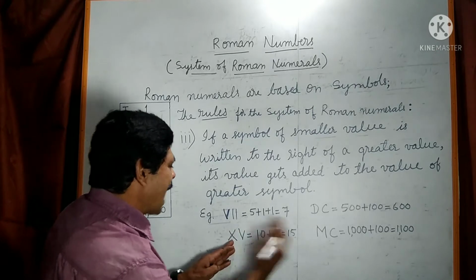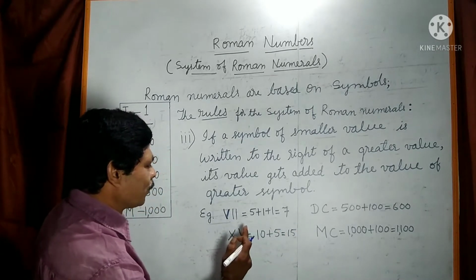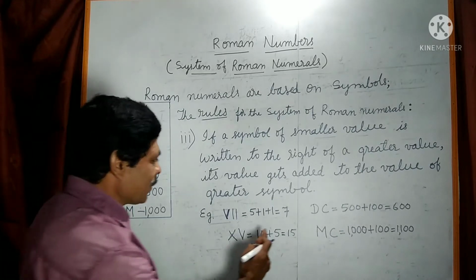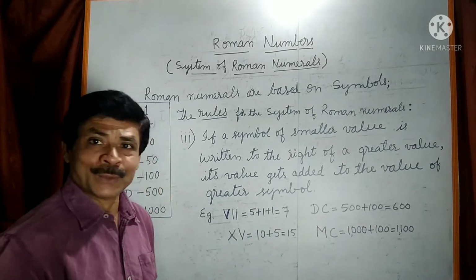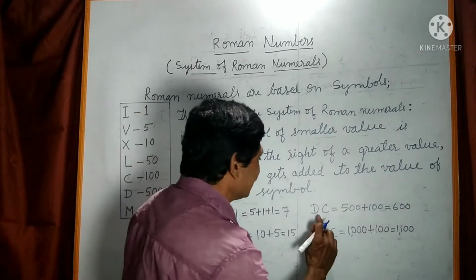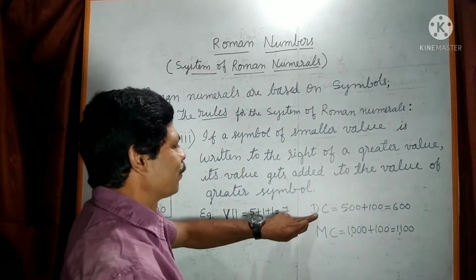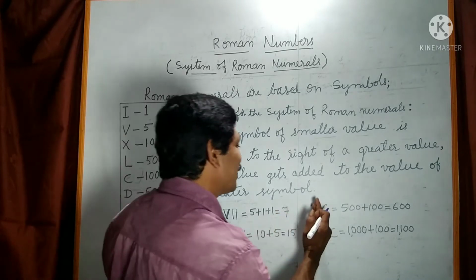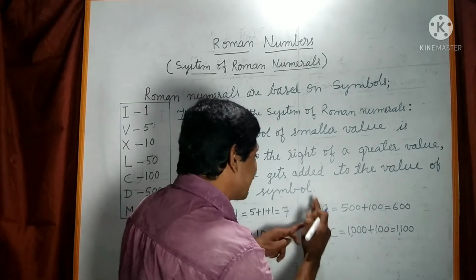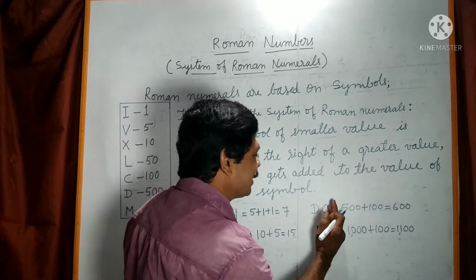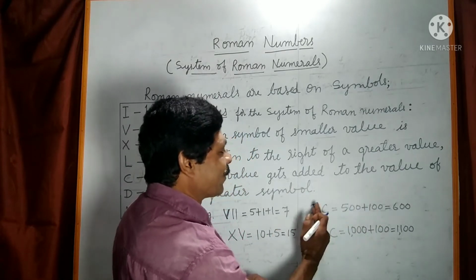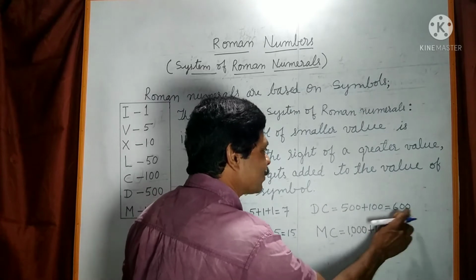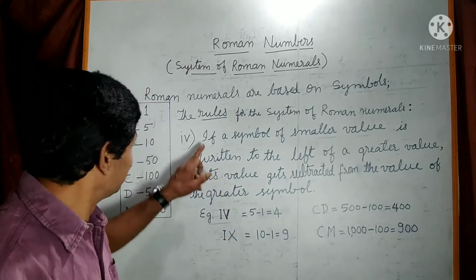Value of V added to X means 5 added to 10. Here D is greater value and C is smaller value symbol. So when we write a smaller value symbol to the right of the greater value symbol, then its value gets added. 500 plus 100 is equal to 600.